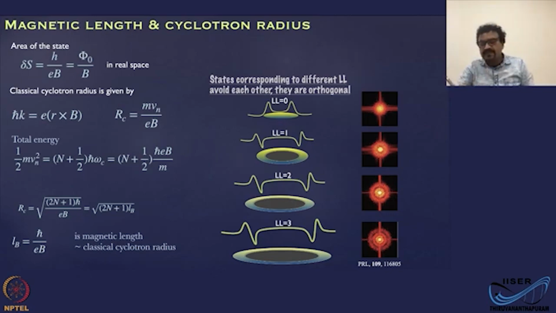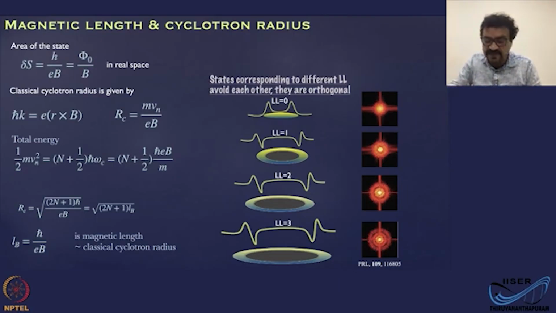And this density of these states has also been visualized by tunneling spectroscopy techniques, by a landmark experiment. What they have seen is the spread of the density of states using the tunneling experiment.